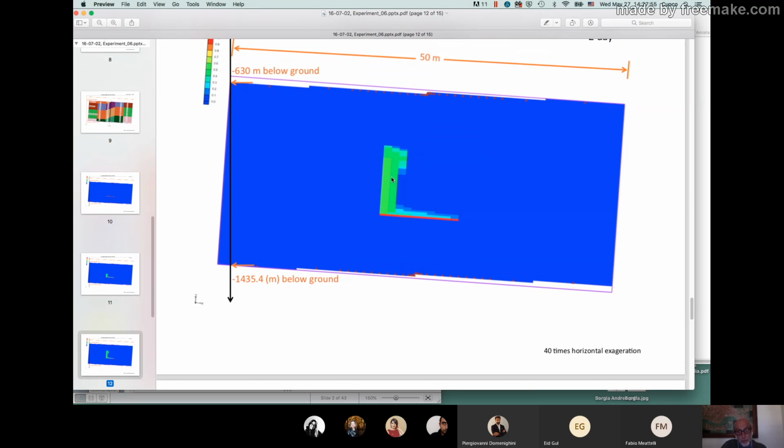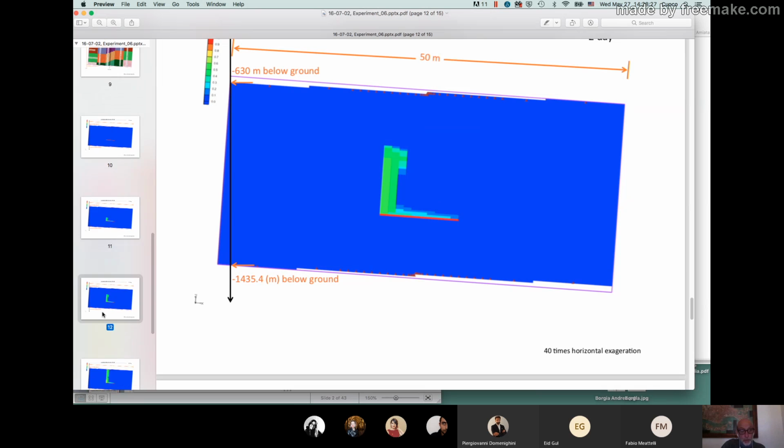But as the plume grows up, because of expansion of the plume and because of transition from supercritical fluid down here to a fluid closer to not supercritical, you get a larger expansion and the flow starts to approach also the slip plane of the fault.